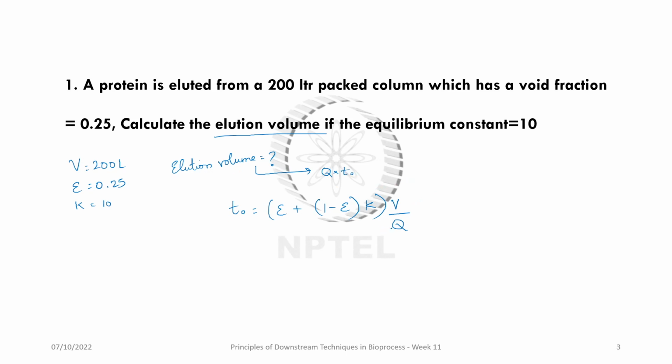So if I just bring this from the denominator all the way to the numerator on the left side, Q T naught is equal to epsilon plus 1 minus epsilon into K into V, which is 0.25 plus 1 minus 0.25 into 10 into 200.